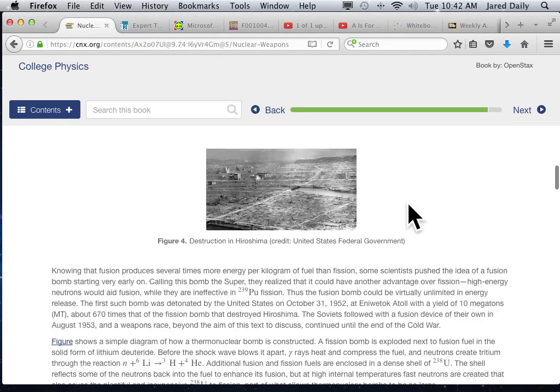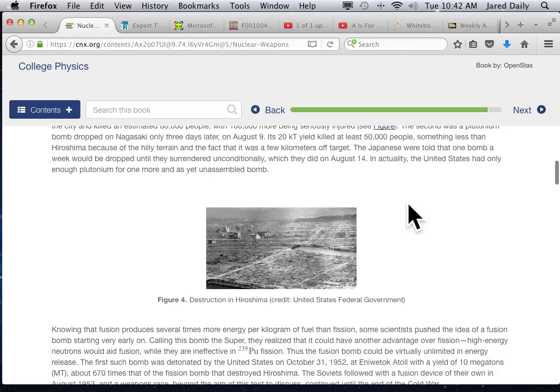Of course, the damages done in Hiroshima and Nagasaki are a little bit misleading because they were Japanese cities. The Japanese built a lot with wood and paper. Their primary building materials were wood and paper in most houses, most residential things.